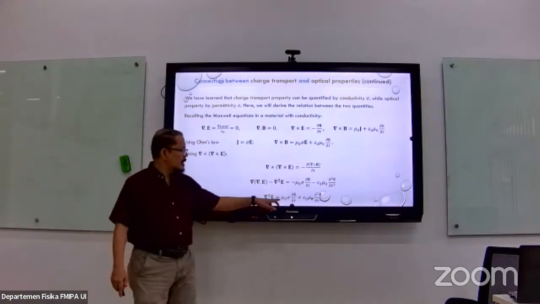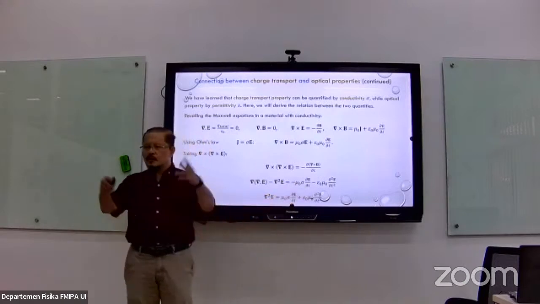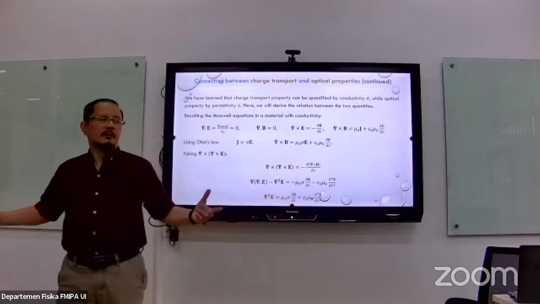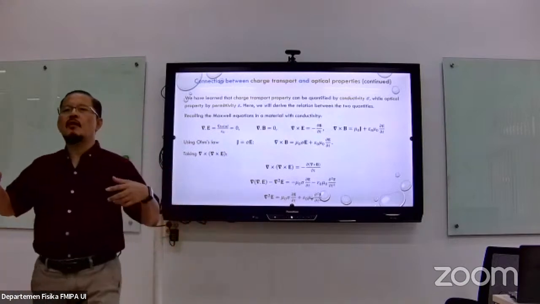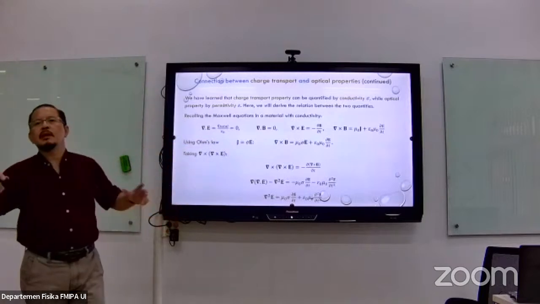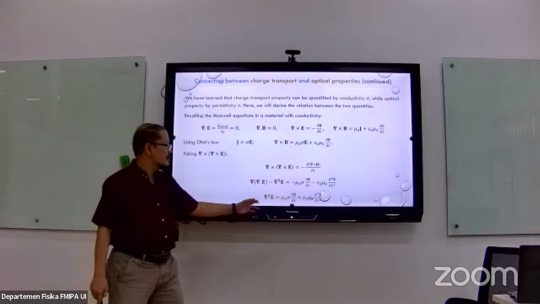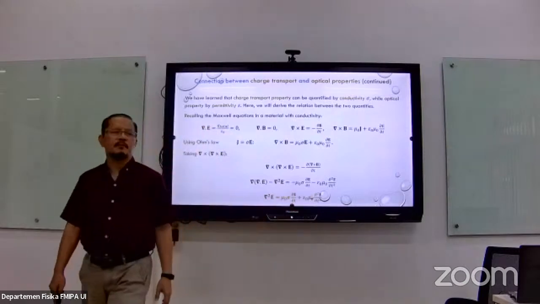If we simply set sigma to be zero, this gives us the usual differential equation of light traveling in vacuum or in any material that doesn't have conductivity. So it's the simple wave equation.